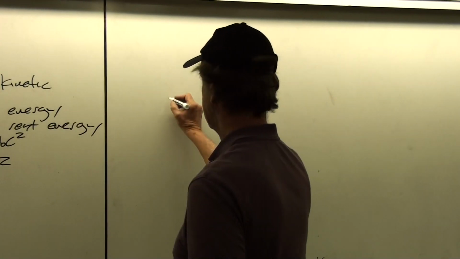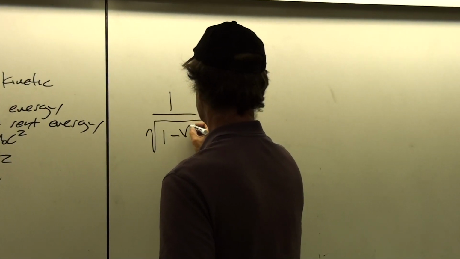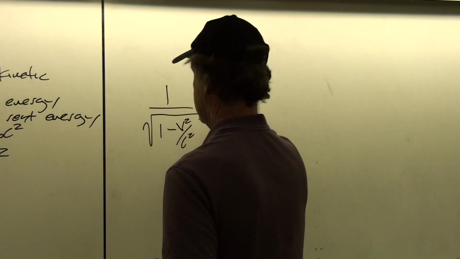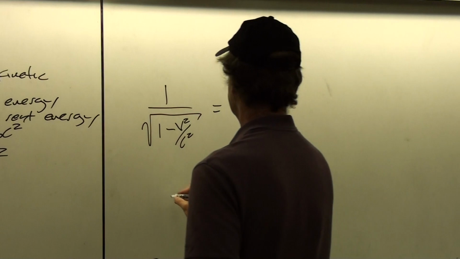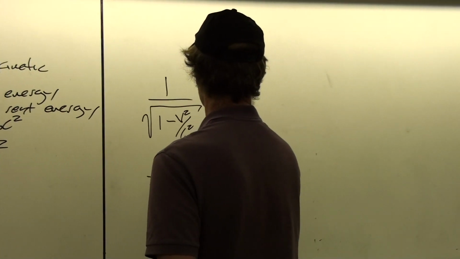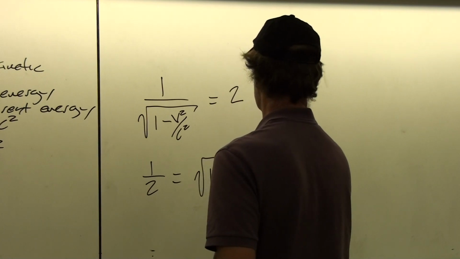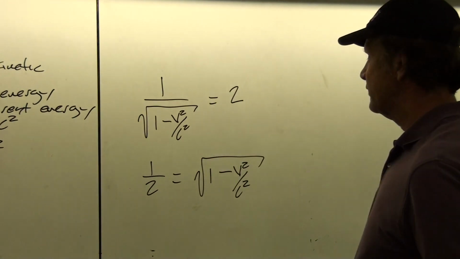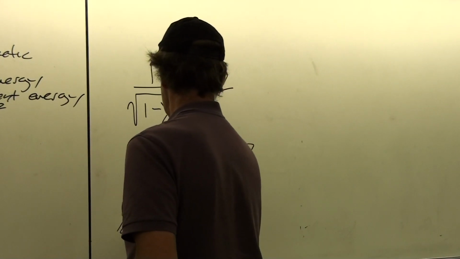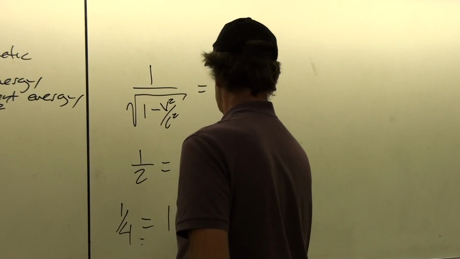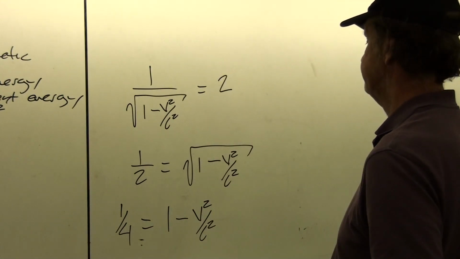And what I'm going to get then is 1 over root 1 minus v squared over c squared is just equal to 2. I can cross multiply. It gives me 1/2 equals square root of 1 minus v squared over c squared. Square both sides of the equation gives me 1/4 equals 1 minus v squared over c squared. And then solve that for v.